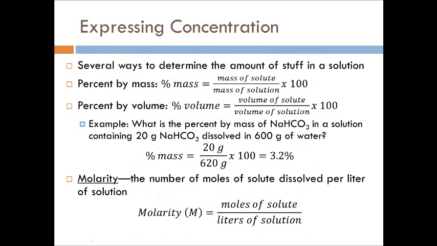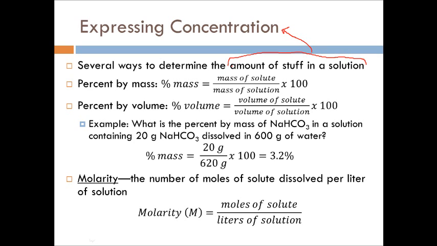Alright, now that we've talked about the types of solutions and solute, solvent, we can talk about how to describe the amount of solute or the amount of stuff in a solution. That's what we call the concentration.